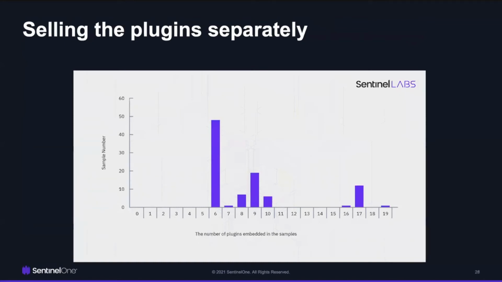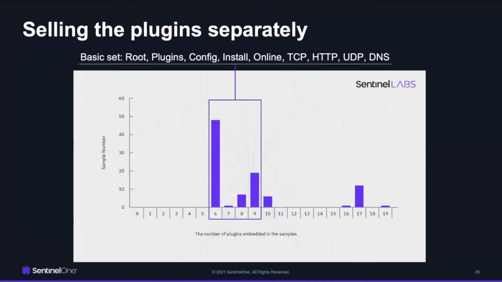Next, let's check the plugins embedded inside the samples. As I described beforehand, there are some plugins embedded in the sample by default, and additional plugins can be uploaded remotely later on. We plot the plugin numbers across around 100 samples. As you can see, most of the samples contain fewer than 9 plugins.